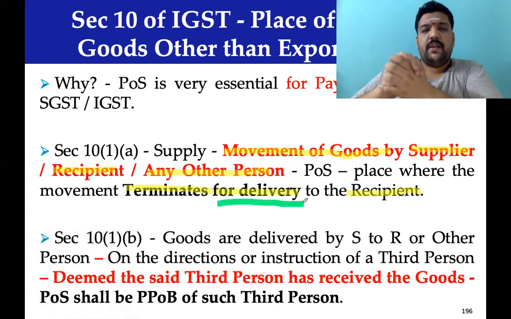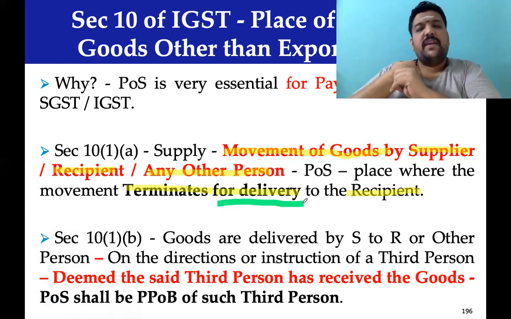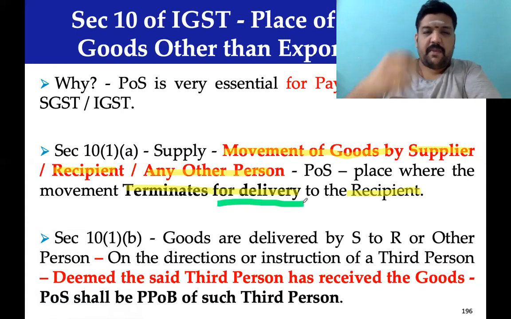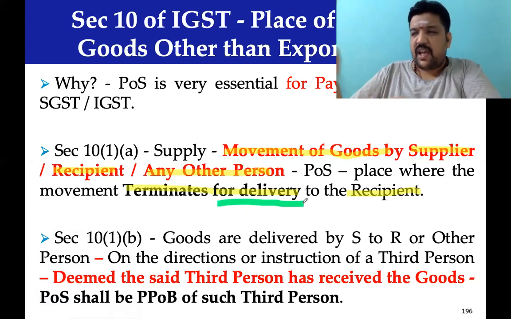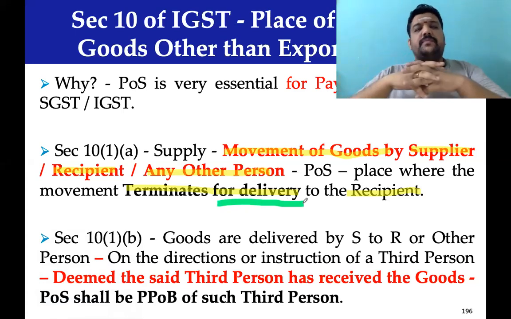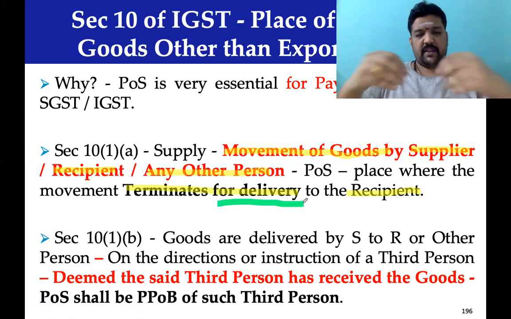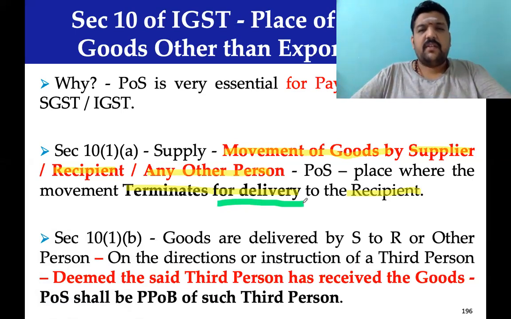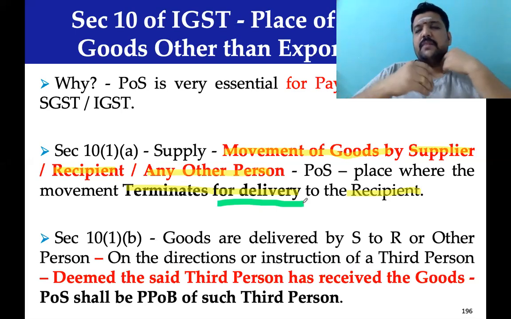This throws up one point: place of supply will be the place where the goods are handed over, the factory gate.